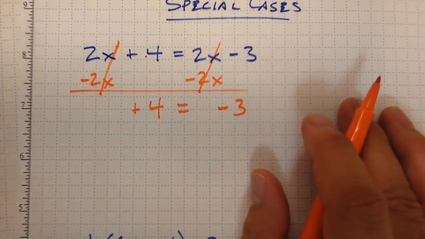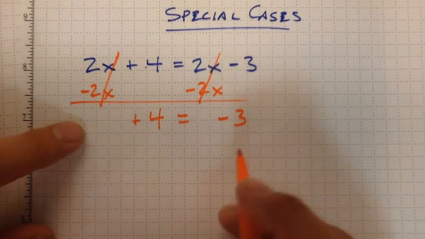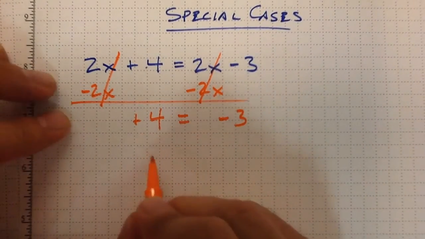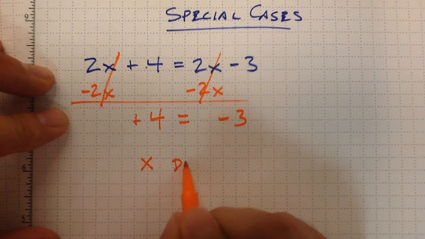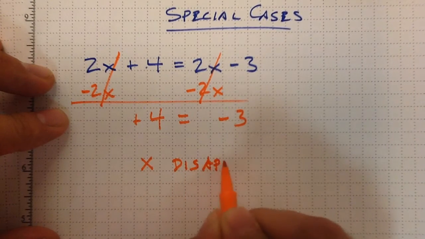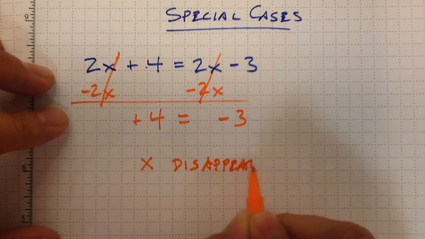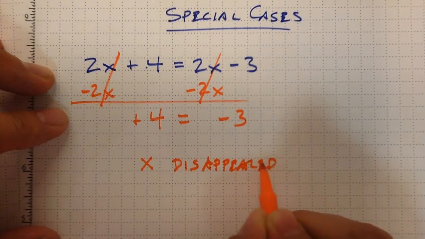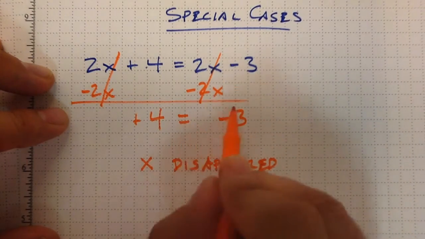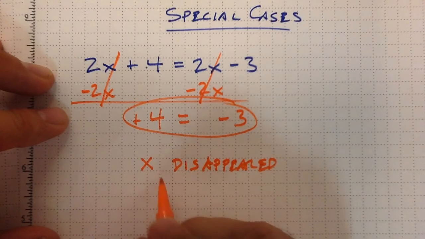And so I run into this problem that the variable that I was solving for disappeared. So x disappeared. Now, not only did my variable disappear, what was left over doesn't even make sense.